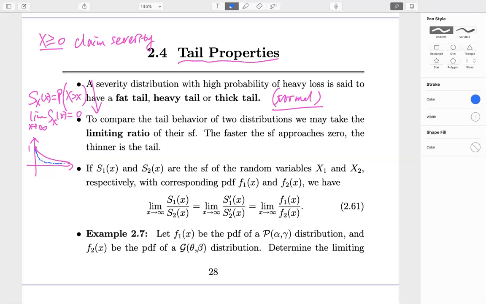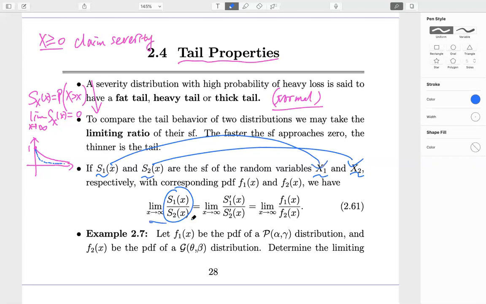So the first measurement is to compare the survival functions of two distributions. Here, S1 is the survival function of X1, and S2 is the survival function of X2. I'm trying to compare the speed of those two random variables approaching 0.